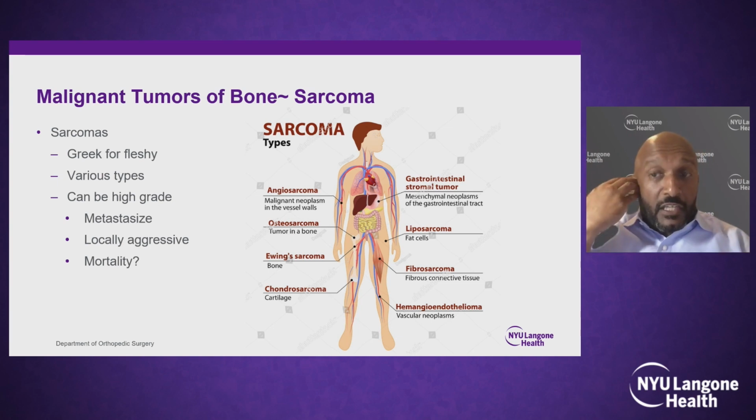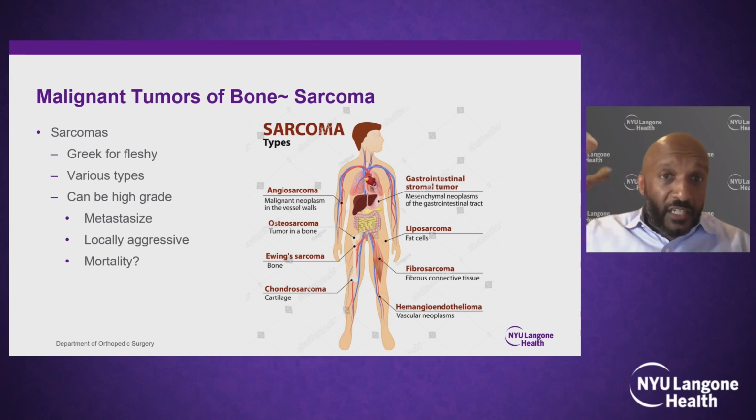Fat cells can transform into liposarcomas, fibrous tissue in general, or any connective tissue can transform into fibrosarcomas. And you might have heard of osteosarcomas and Ewing sarcomas, which are some of the more well-known tumors that can affect the bone and soft tissue, and chondrosarcomas of the cartilage.